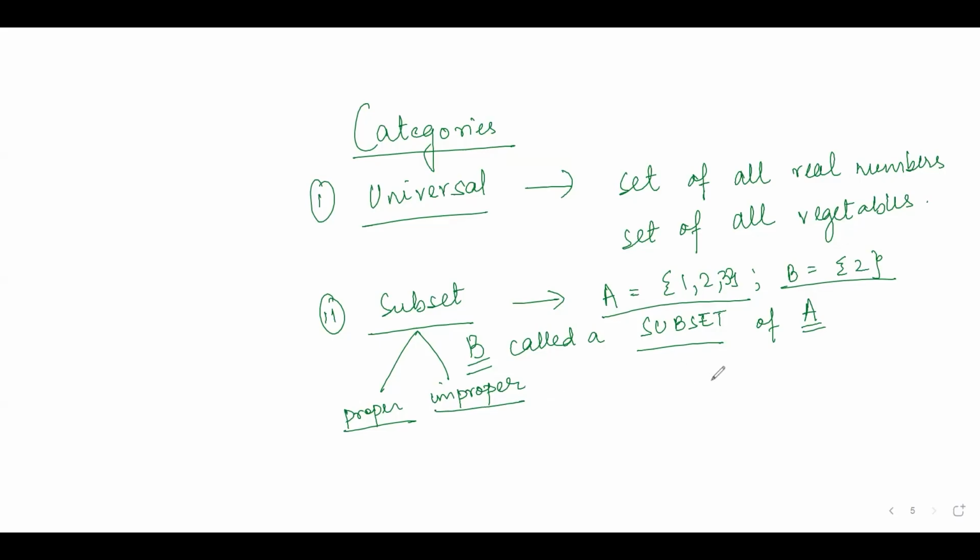An improper subset will be if B would contain 1, 2, 3. Basically, A and B are the same. Okay. So if the set B is equal to A, then B is an improper subset of A and A is an improper subset of B. Whenever A and B are equal, they are called improper subsets.